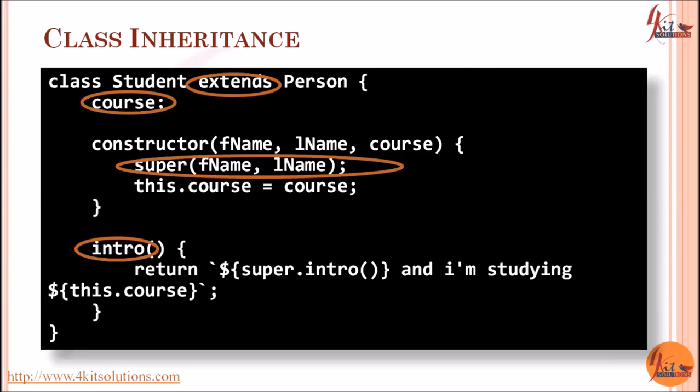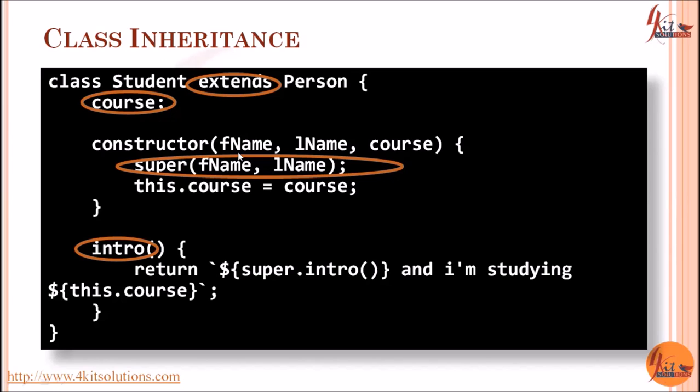So in this way we can create a class and we can create a child class also. So here person is our parent class and student is our child class. Student will inherit first name and last name from the parent class, and additionally it will have one more property called course, which is specific to the student class only. So we have a constructor of the student class.